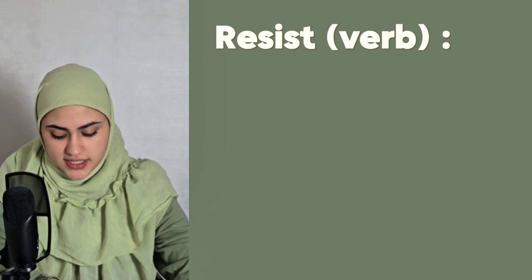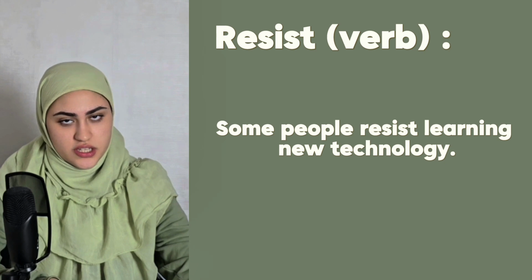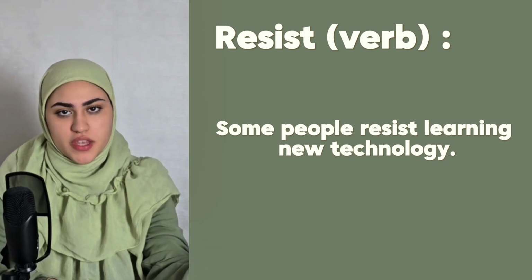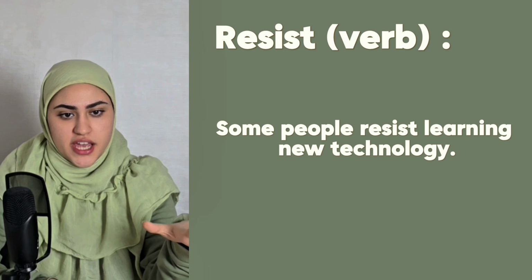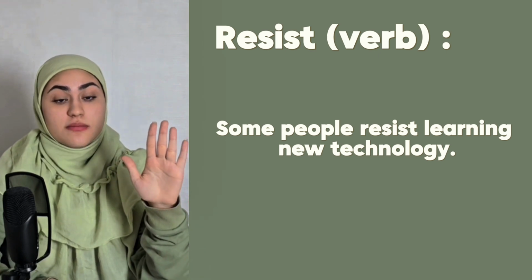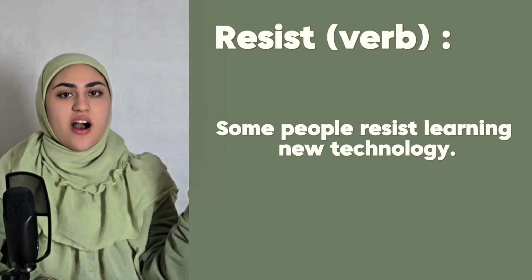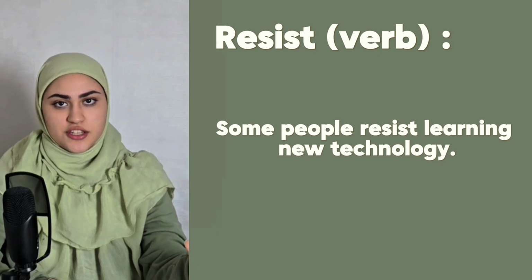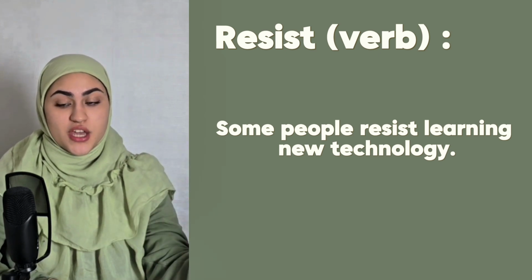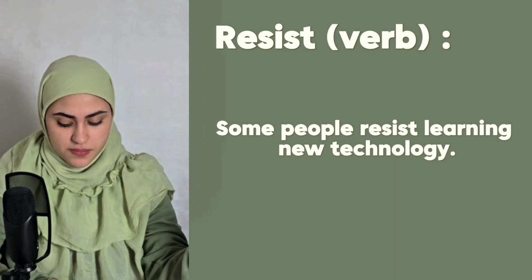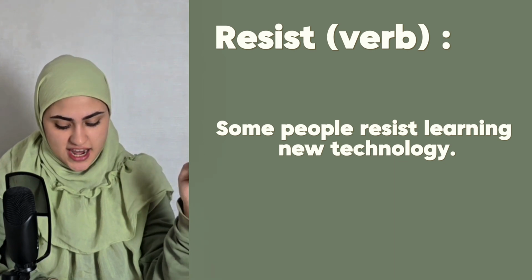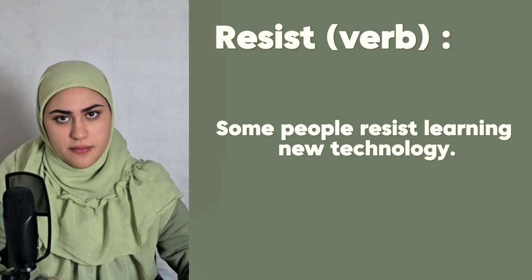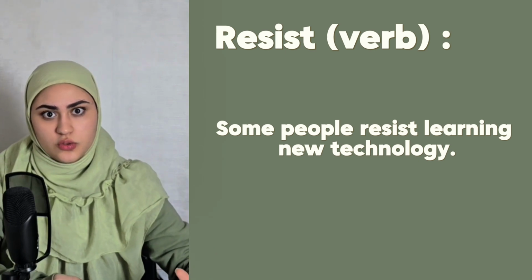The next one is: some people resist learning new technology. Some people resist learning something, okay? It means that they don't want to change. They don't want to make any changes. They want to be the way they are. They refuse to make those changes, to do something. So here it says some people resist learning new technology. Yeah, that's true. A lot of teachers, for example, refuse to learn new technology.